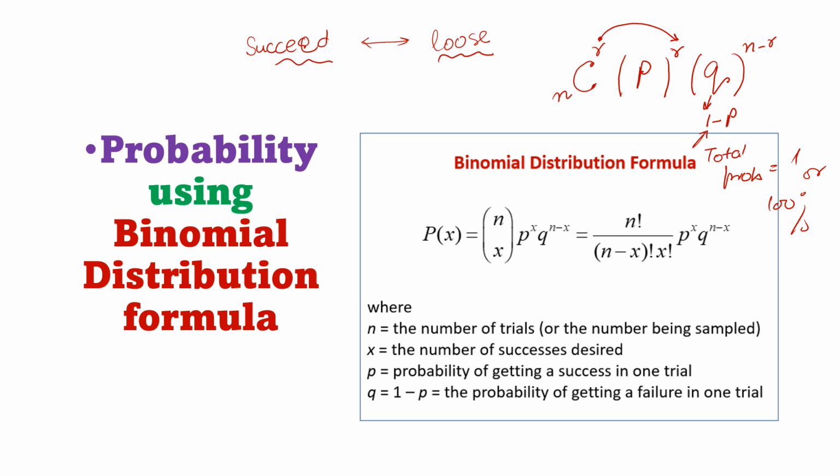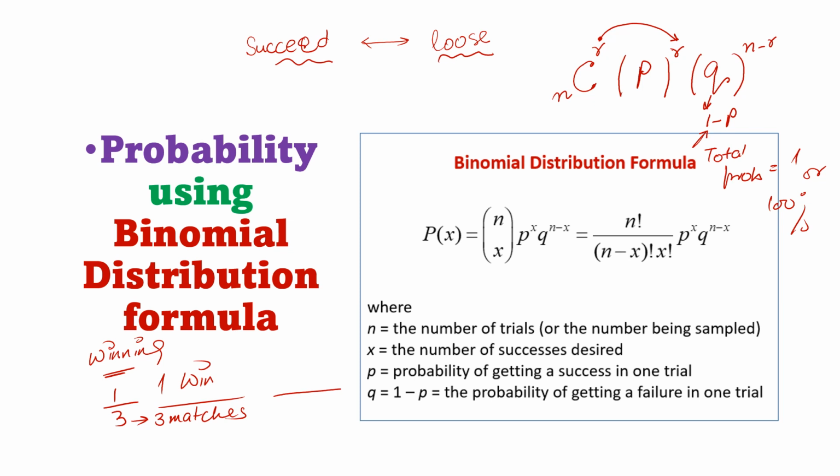Now if I'm saying that the probability of winning the match is 1 by 3, it means that you are playing 3 matches and out of the 3 matches you are winning 1 match. So what is the probability of losing the match?